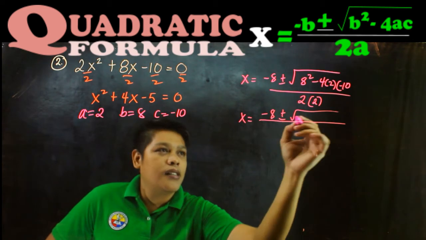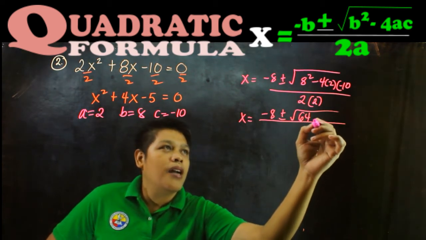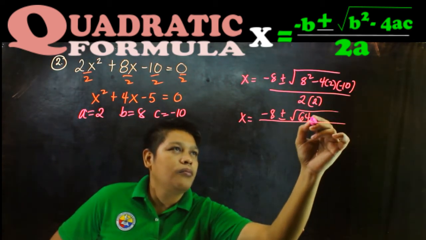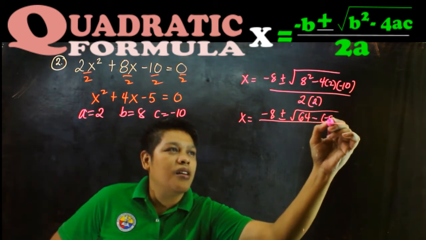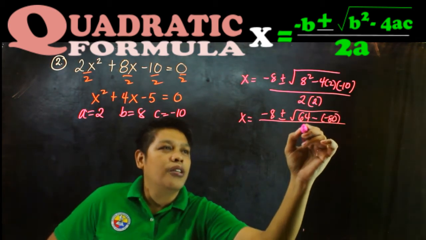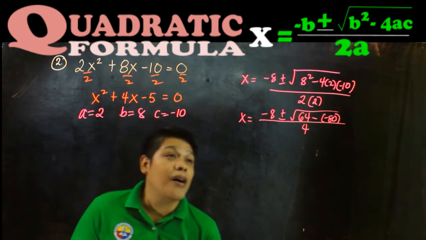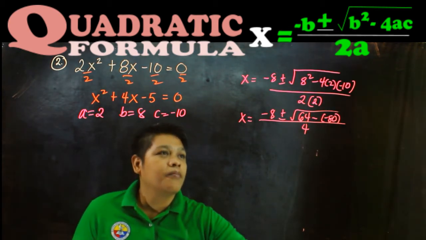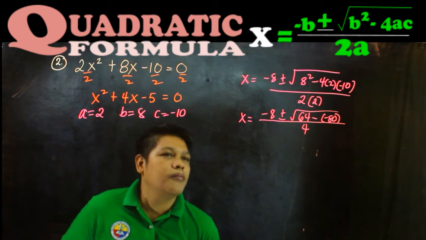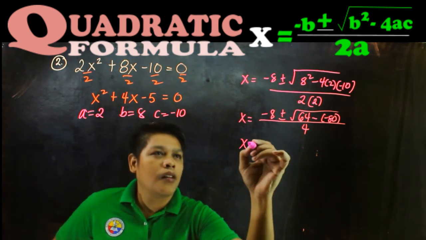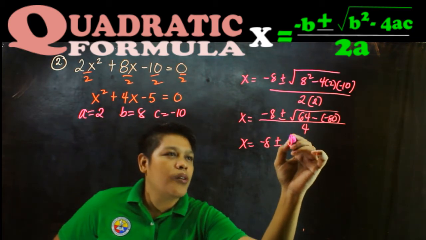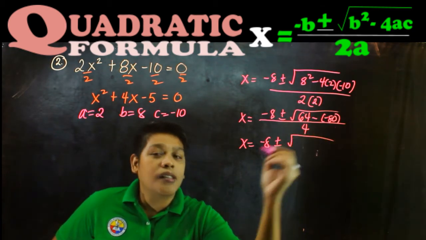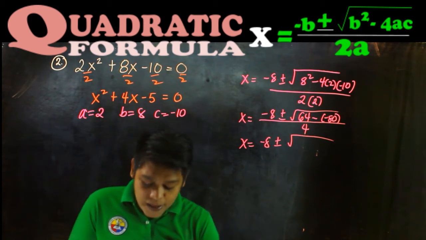So 8 squared is 64 minus 4 times 2, 80, no? Negative 80 over 4. Tama pa ako, no? And then, ang mangyari dyan, so x equals negative 8 plus or minus square root of, yung sa gitna, no? 64 plus, kasi magiging plus na to, no?